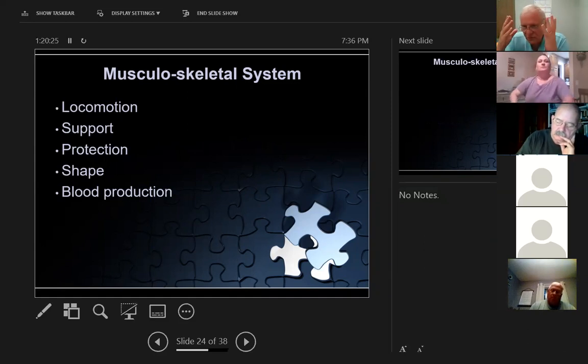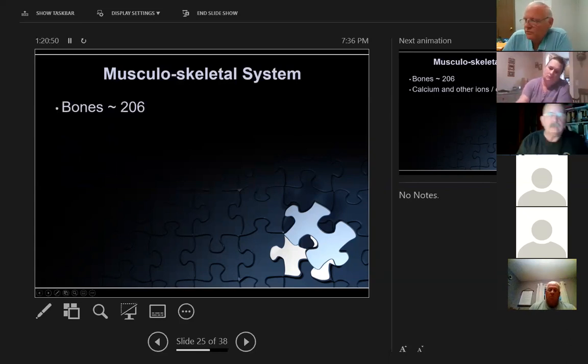The bones of the skull protect the brain. The bones of the spinal vertebrae protect the spinal cord, that sort of thing. It gives us shape, again, so we're not blobs. And it's involved with blood production. So in the bigger bones, we have marrow in the middle. We'll talk more about the structure of bones when we talk about musculoskeletal injuries. But that marrow produces blood cells.